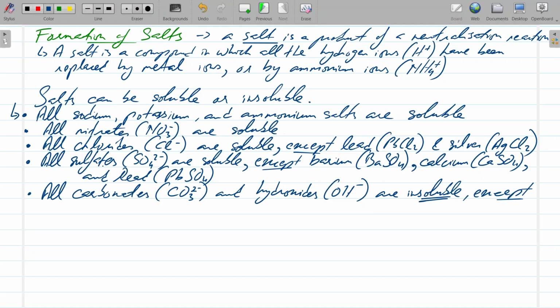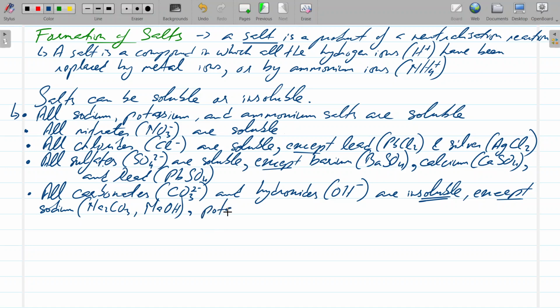Except, as we talked about here, these guys, all of their salts are soluble. And so you've got sodium. Right, so sodium carbonate would be Na2CO3 and NaOH for the hydroxide.